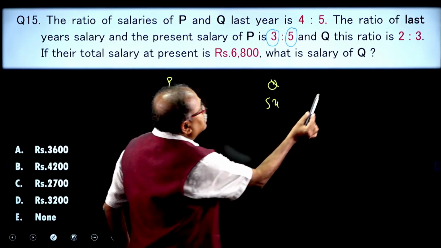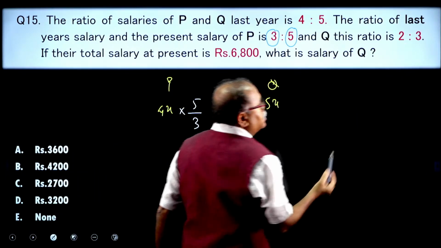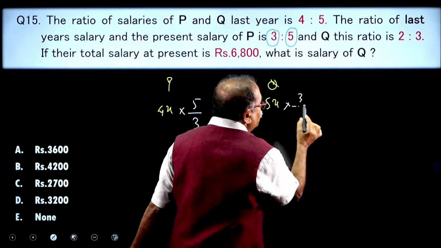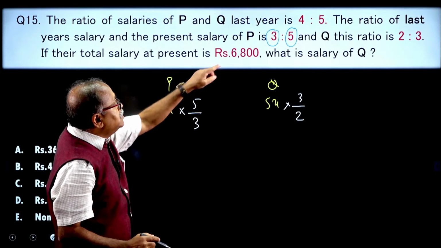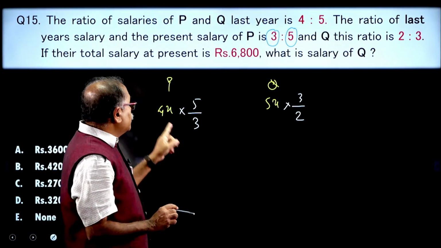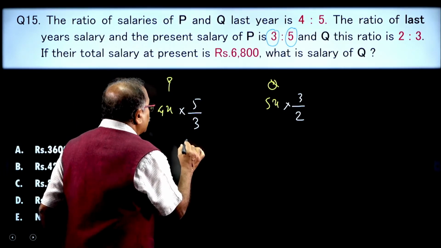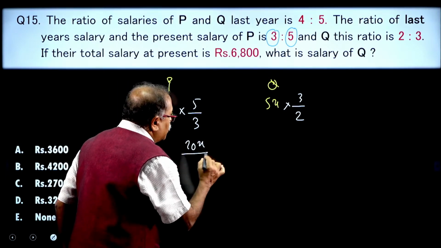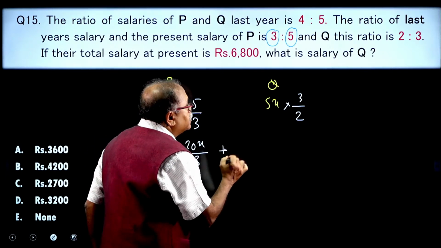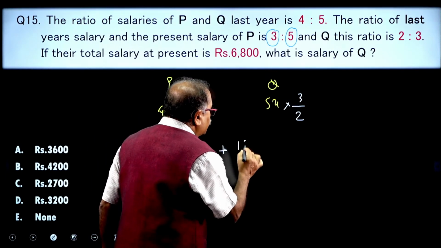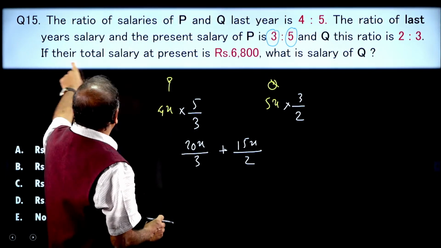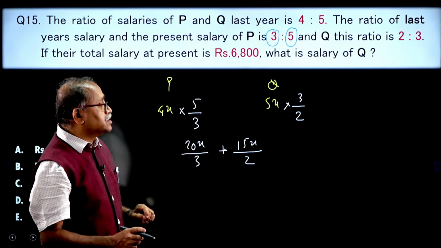The Q salary previously 2 parts, now it is 3 parts. So, now I will take this one as 3 parts, where previously it is 5x, which was 2 parts. So, here I am getting 20x by 3 is the present salary of P, plus the present salary of Q is 15x by 2, and we have the present total salary given to us.